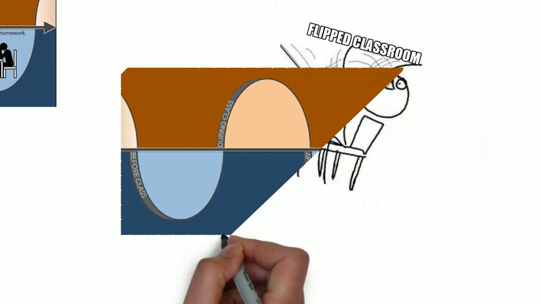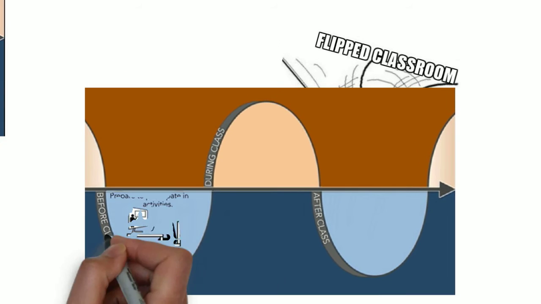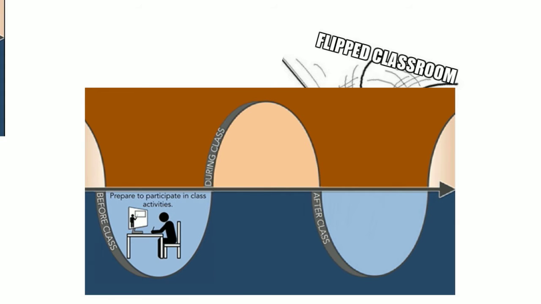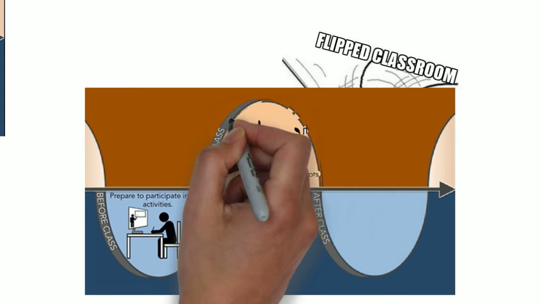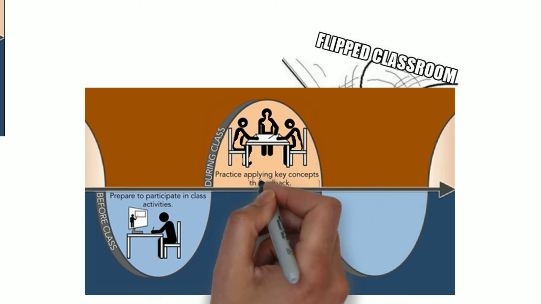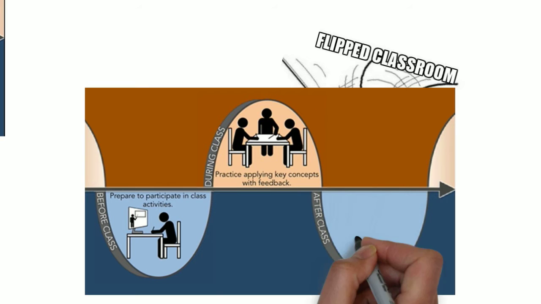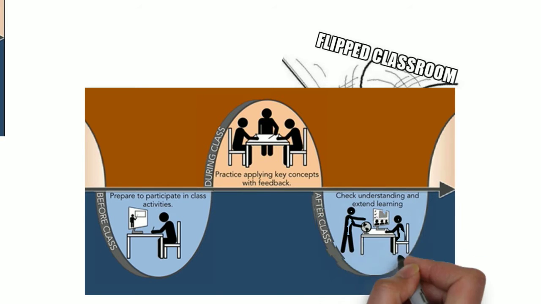The flipped classroom inverts this model, whereby the out-of-class time is replaced by a lecture, usually in the form of a video and some supporting material, and the in-class time is replaced with the student-centered activities where they can ask for clarification on concepts they did not understand, engage with other students, practice the application of concepts while getting guidance and formative feedback from both peers and yourself as a lecturer.